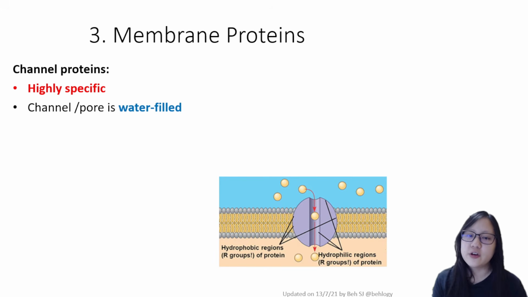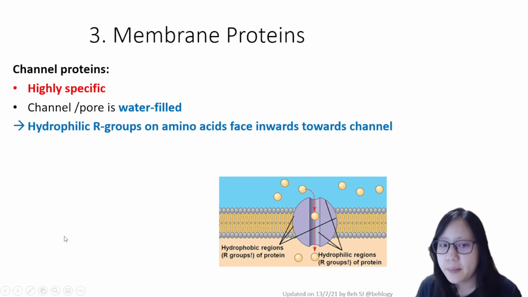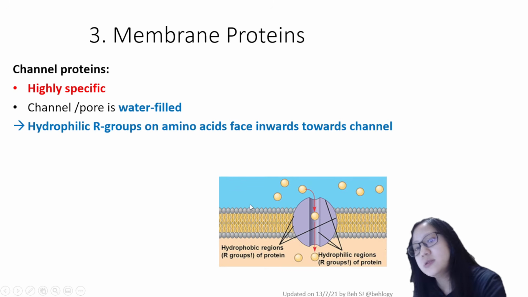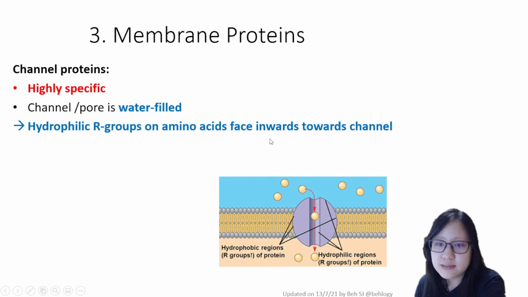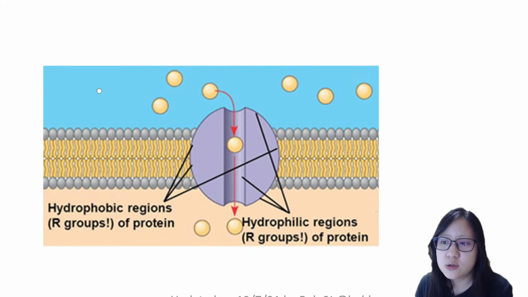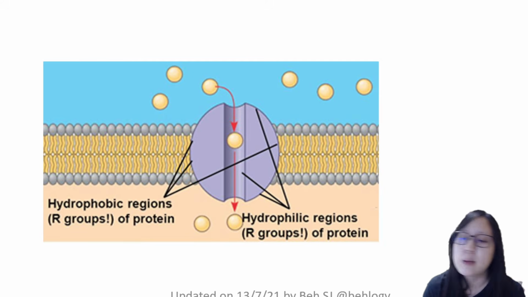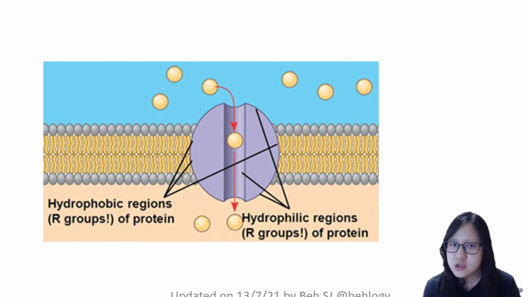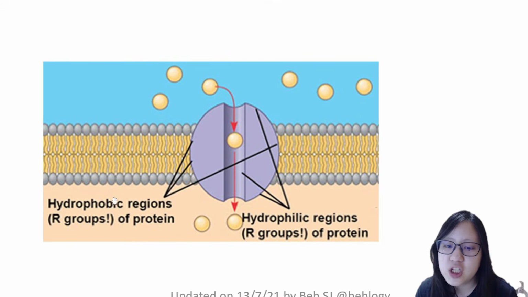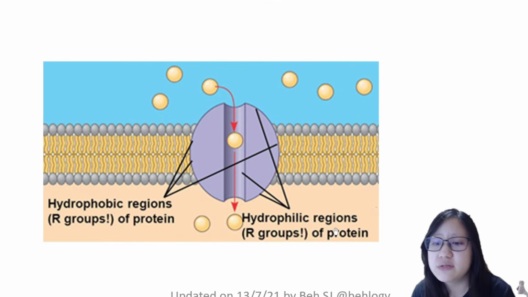And it's water-filled. This is enabled by hydrophilic R groups on amino acids that face inwards towards the channel. Now, as we said just now, all transport proteins are transmembrane proteins and are intrinsic proteins. So you would expect them to have hydrophobic regions and hydrophilic regions.